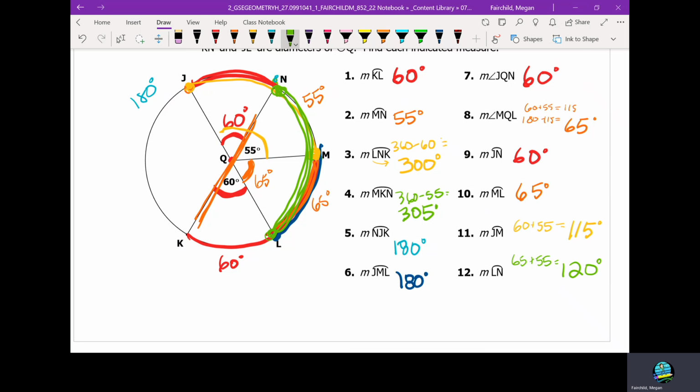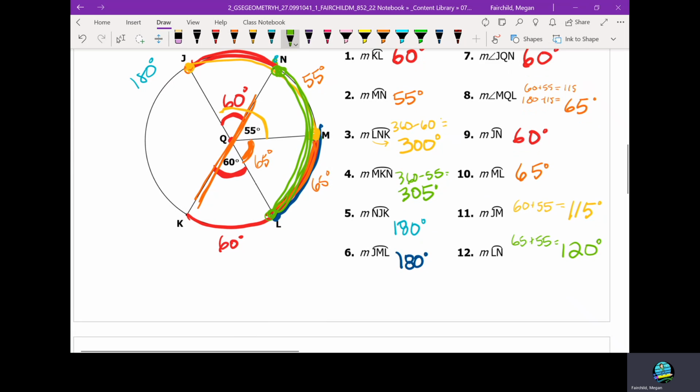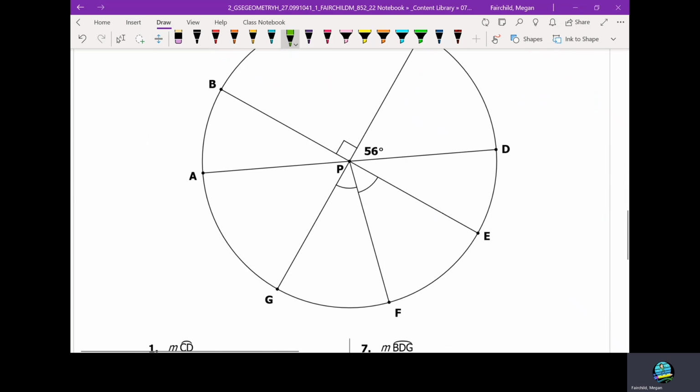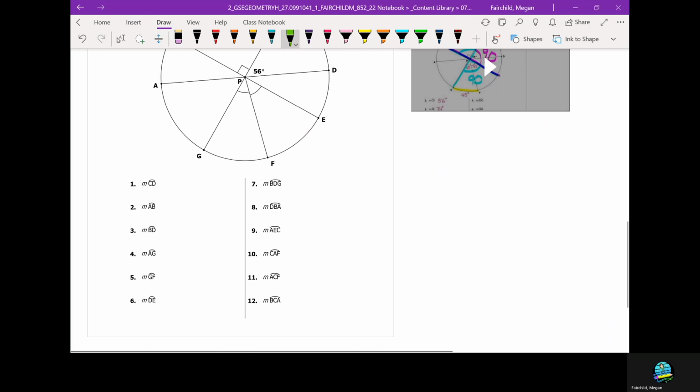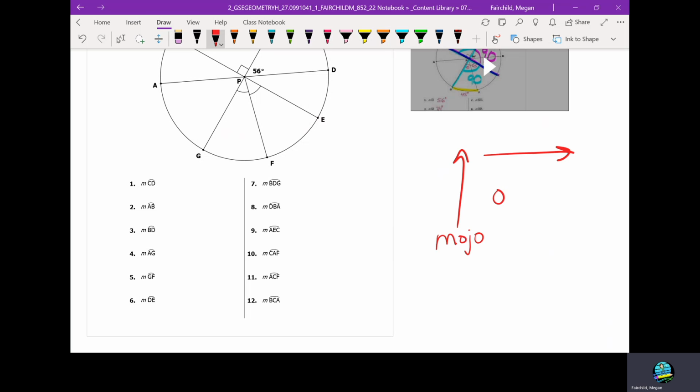Any questions on those before you do your own circle? All right, so here's the plan. There's a lot of questions here, so we're going to split it up. Mojo sits right here and back and this way. Do the odds.